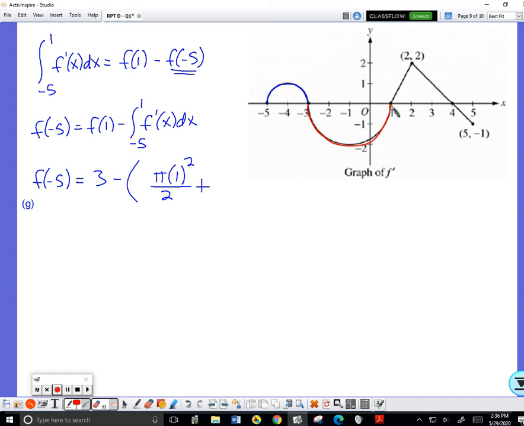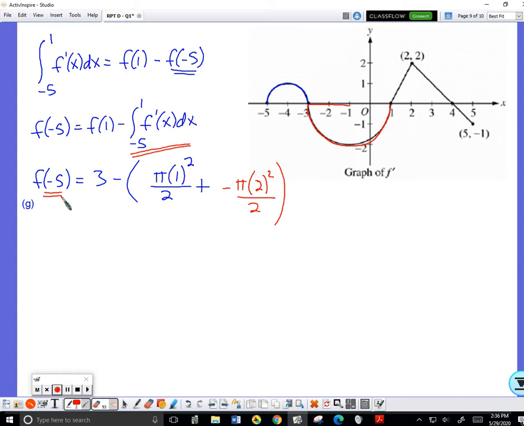It's another half circle, this time radius of 2. So they count negatively. It's a half circle again. So that's the value of this integral. That's the value of f of negative 5.